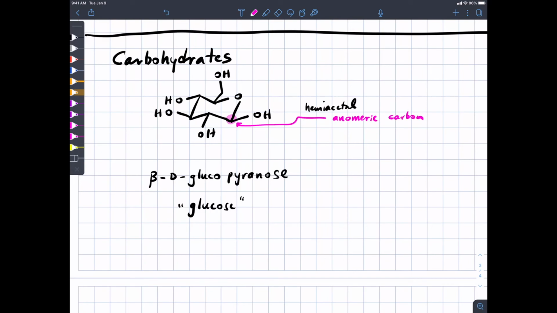All right? And you can tell what the open chain form would look like by paying attention to what's attached to the anomeric carbon. If the anomeric carbon is attached to a carbon and a hydrogen, that means that this is a hemiacetal from an aldehyde.